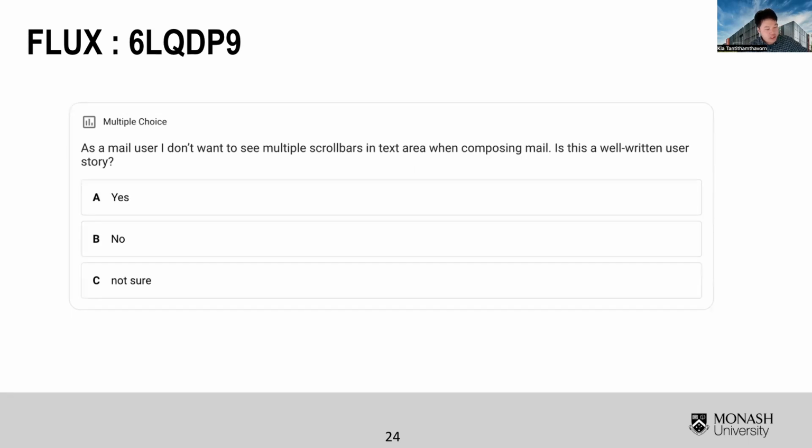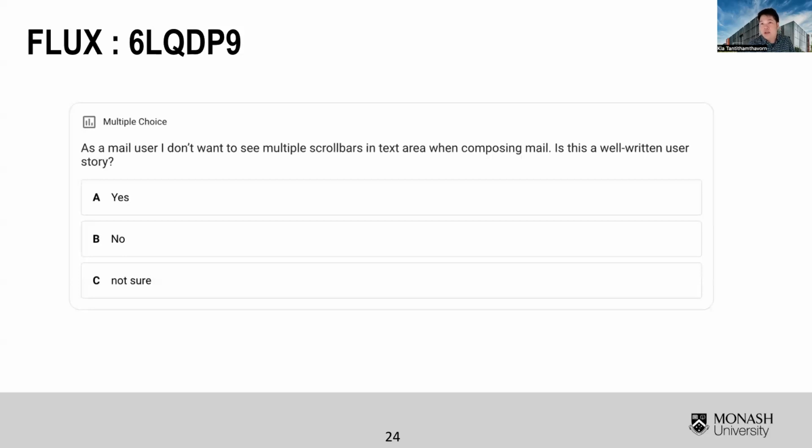We got one question in the Zoom chat: should the user story be written in one sentence or not? I assume it's per feature. I would say that it depends on the level of the feature. The feature can be at a high level, and multiple user stories can be associated with one requirement.